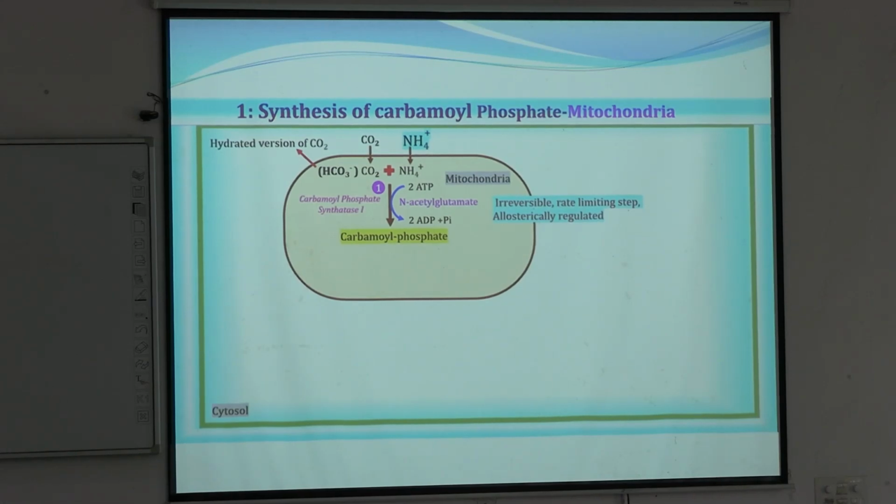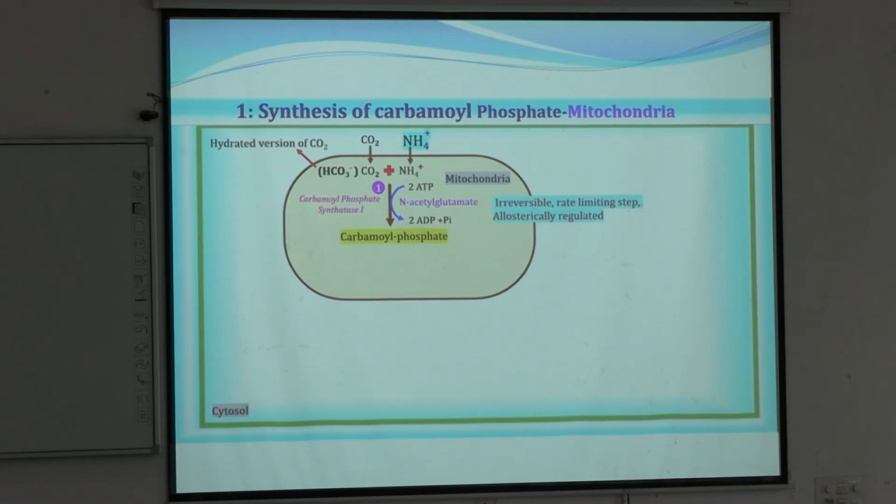The main enzyme here is carbamoyl phosphate synthetase 1. This is the rate limiting and regulatory step of the overall urea cycle, and this reaction is allosterically activated by N-acetylglutamate. N-acetylglutamate is formed when acetyl-CoA reacts with glutamate.